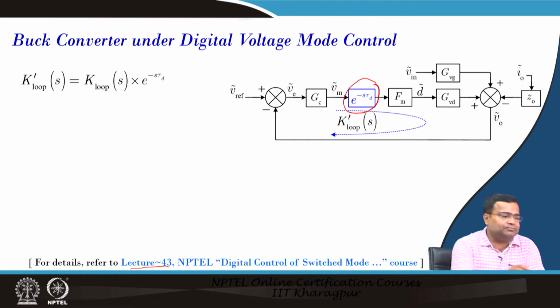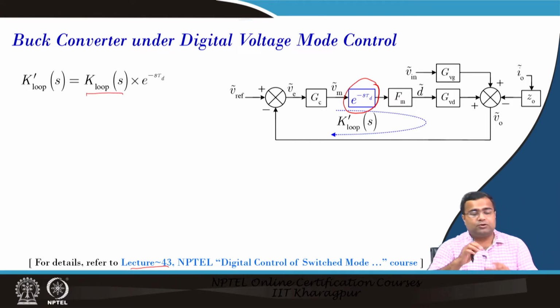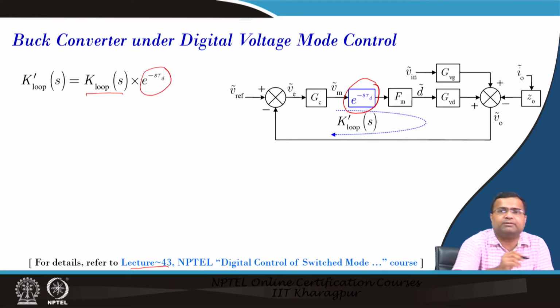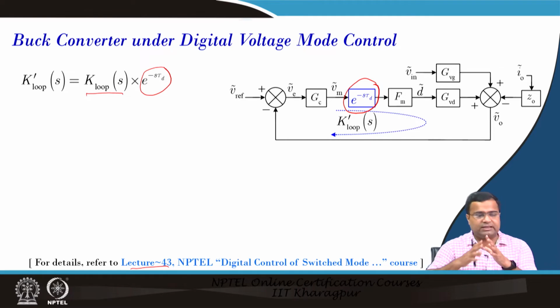So, we know that if K loop is the loop transfer function of the analog voltage mode control, then in the digital voltage mode control you can simply multiply it by this delay transfer function, and this delay accommodates the controller computation, ADC conversion time as well as the DPWM delay.